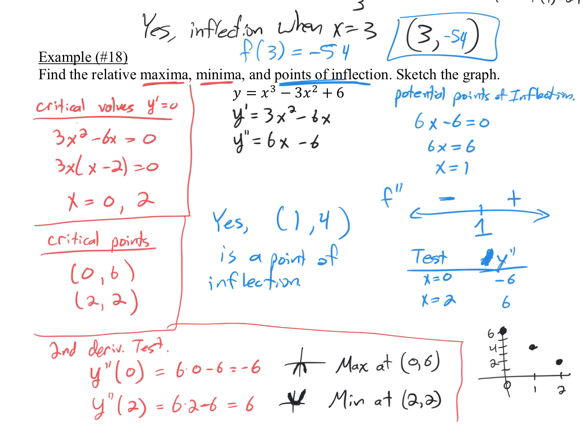At 6, we should have a maximum, so the graph will go down on both sides around it. At 2, we should have a minimum, so the graph will go up around it. And here in between, (1, 4) is the halfway point between those two. So to the left, we're concave down. To the right, we are concave up.